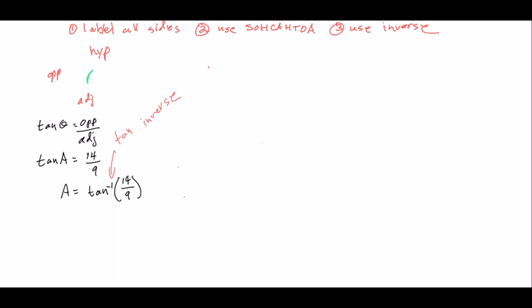Now, for this calculation here, in order to calculate it, we have to use the second function or the shift. So I'll actually write what we have to use. So we write on our calculator the following.